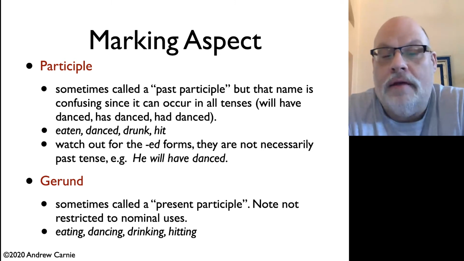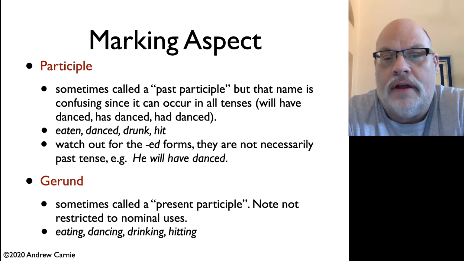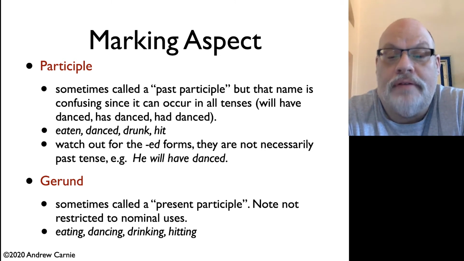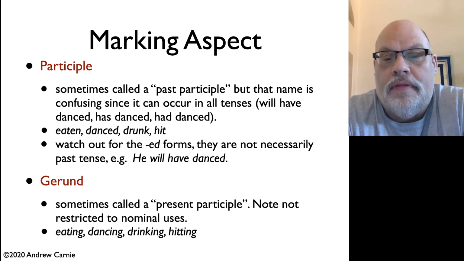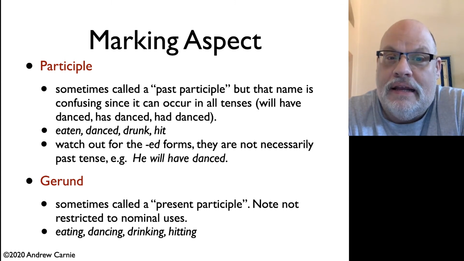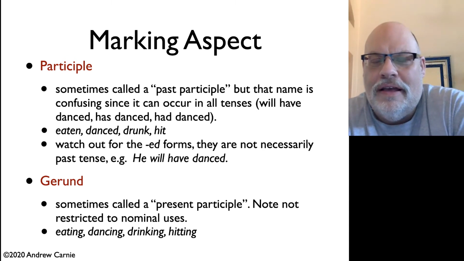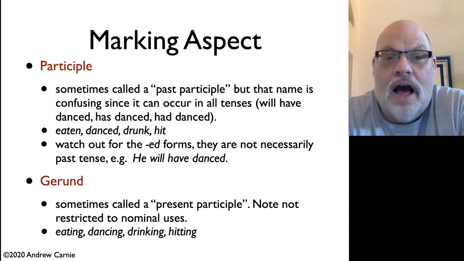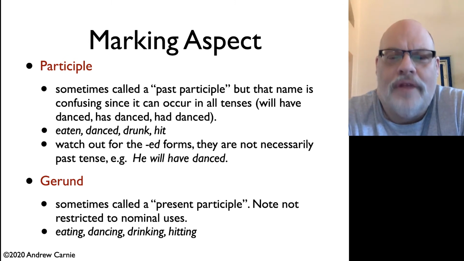But I want to get away, for the same reasons that I got away from past participle, from present participle. These can be in the future. He will be eating. They can be in the past. He has been eating. Right? So you have all those occurrences where the tense marking indicates that it's actually not present. So the term present participle is deeply confusing.